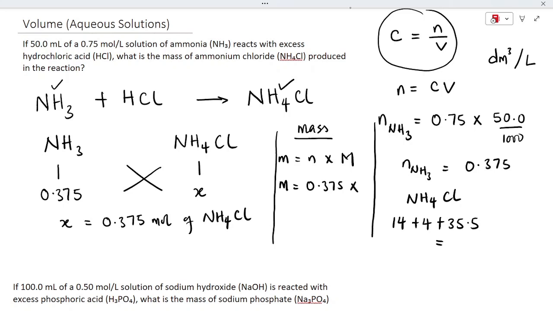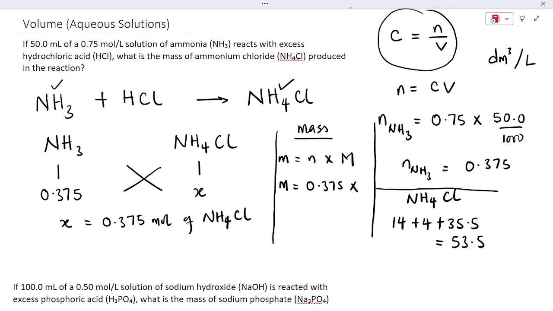So when you add this, you are going to be having 18 plus 35.5. I think that should be 53.3, but let me confirm. 53.5, sorry. Yeah, so you'll be having 53.5 as the molar mass of ammonium chloride.